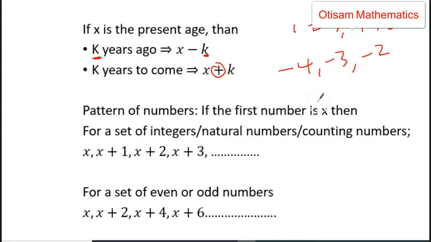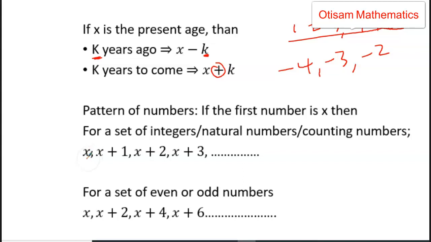Now natural numbers start from 1, or counting numbers. That is just like positive integers. That one too, the difference is 1. So when we are looking at a set of numbers in which the difference is 1, then we talk about the first number. You represent the first number by any unknown variable.